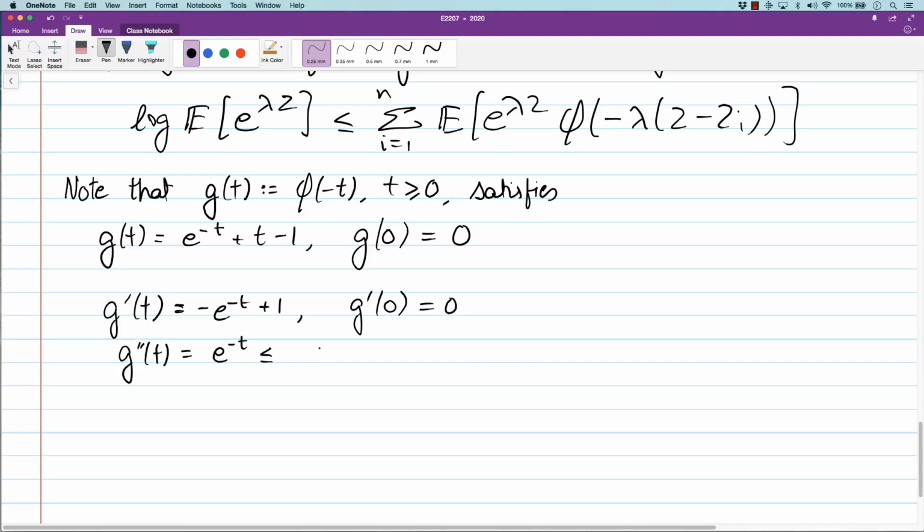So the second derivative is less than or equal to 1. So let's just keep it this way.